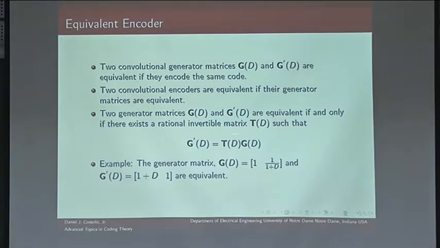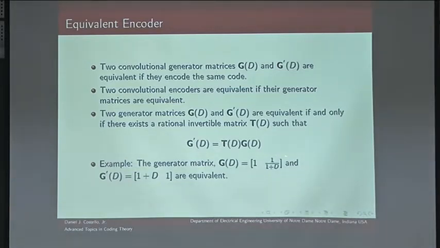So say that we take u of d equal to 1 here. The first output sequence is going to be 1. The second output sequence is going to be 1 over 1 plus d, which just produces an infinite sequence of 1s. And that's produced with a single one, a weight 1 input sequence.